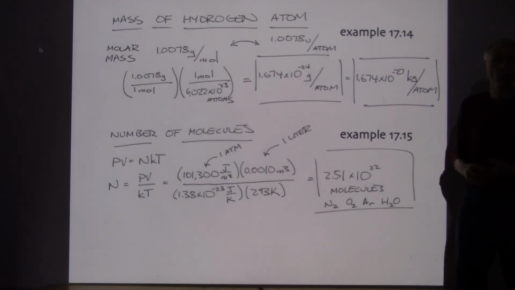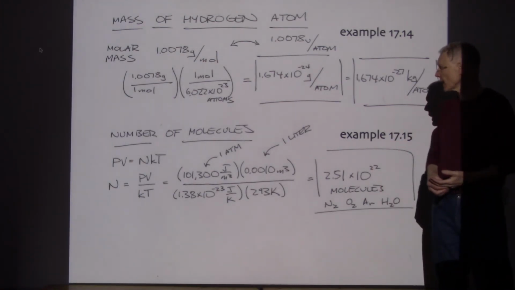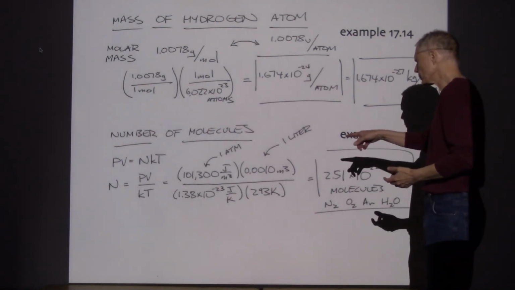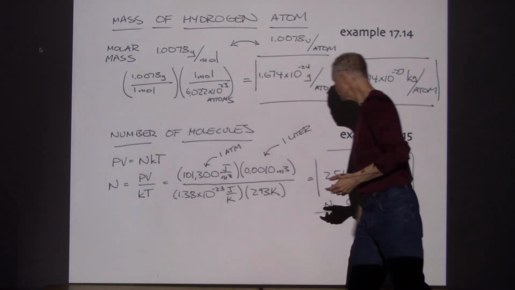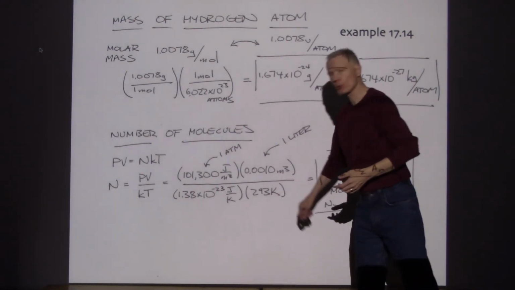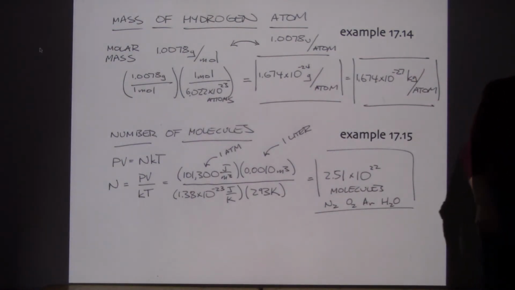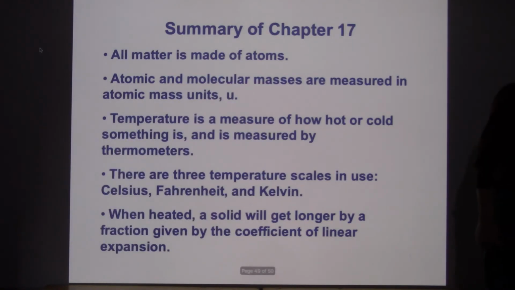That's how many molecules there would be in a liter of some sort of gas. The only thing we had to decide on here, I guess, was 1 atmosphere pressure, 1 liter, and then a temperature of 20 Celsius. So again, I'm using that 20 Celsius more frequently than 0 Celsius.